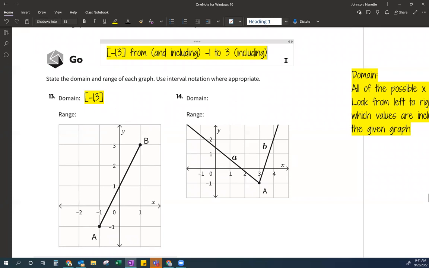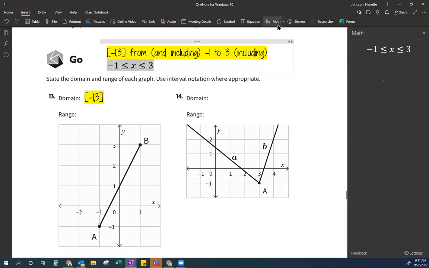So if you were to take it back to using less than or equal to, let me try to write it here and see if OneNote will let me translate this into the way I want. Insert math.